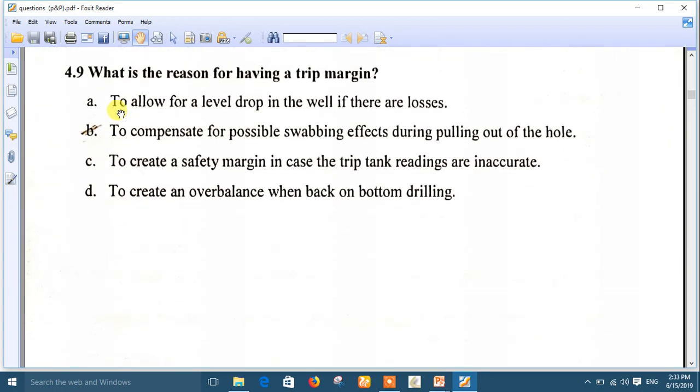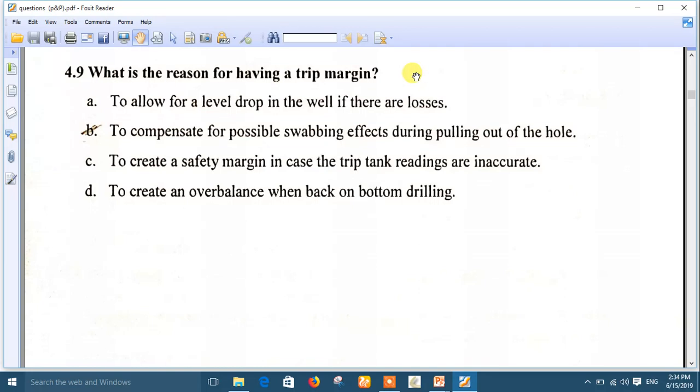Last question. What is the reason of having a trip margin? Yesterday I have told you about the reasons to make a trip margin, and I told you that the mud weight must be between the formation gradient and fracture gradient, there is a drilling window. So the mud weight must be in between.